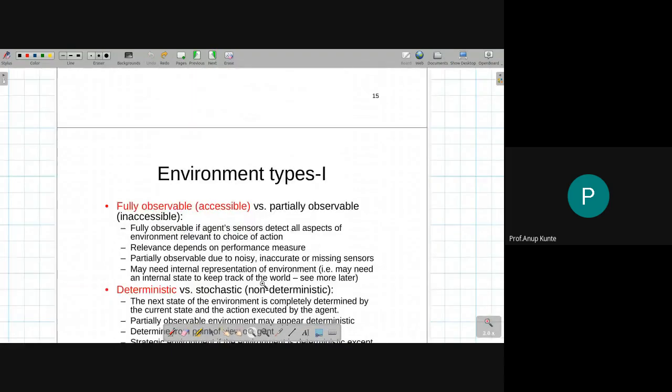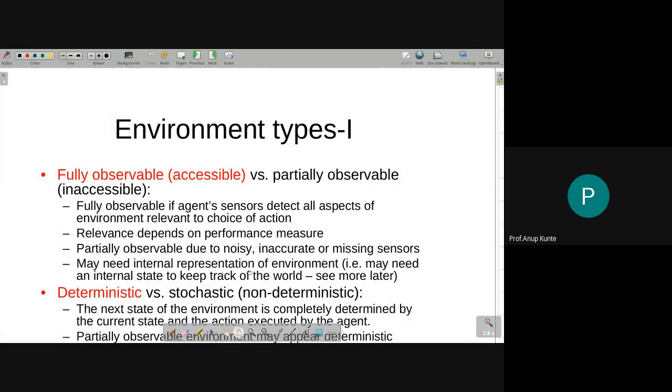Now we go about understanding the details about task environments.